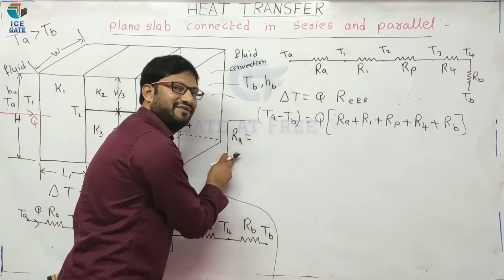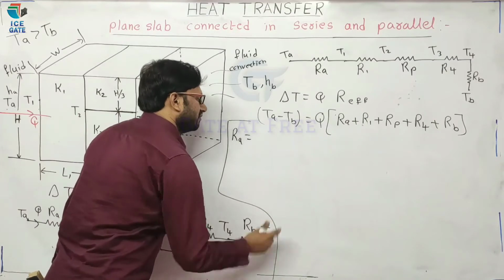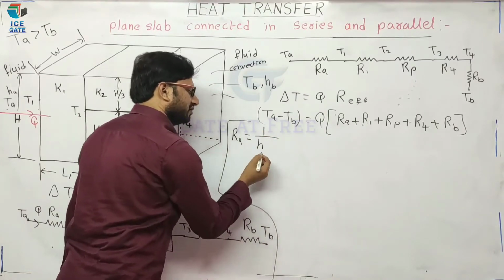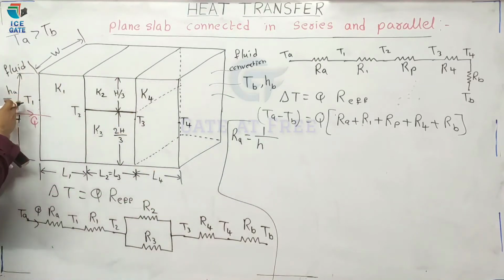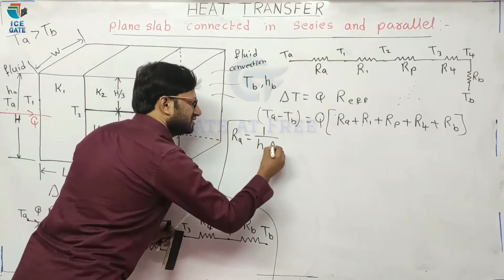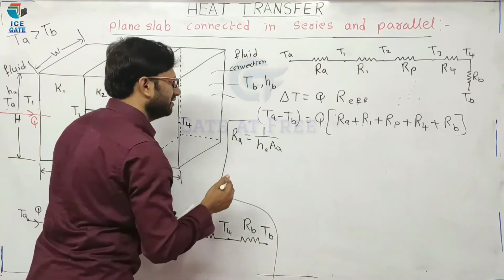RA is convective resistance occurring on the left side of the wall. What is the convective resistance formula? 1 divided by HA. Now, the left side fluid has a convective heat transfer coefficient H suffix A. Now, what is the area? A suffix small a. Okay.